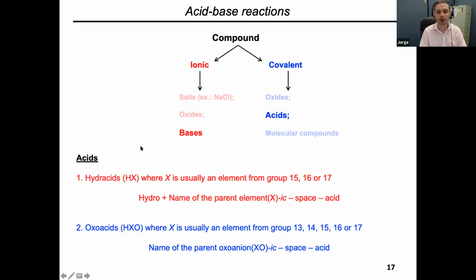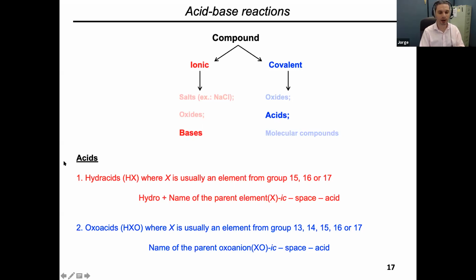So right now we will focus on acids and bases. Remember, ionic compounds are formed by ions or charged elements, and covalent compounds are just formed by elements without charges. Covalency means sharing of electrons, and ionicity means donating and receiving electrons.